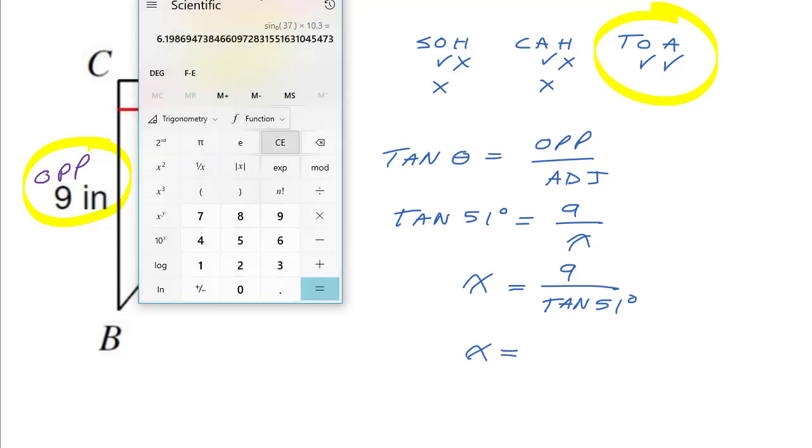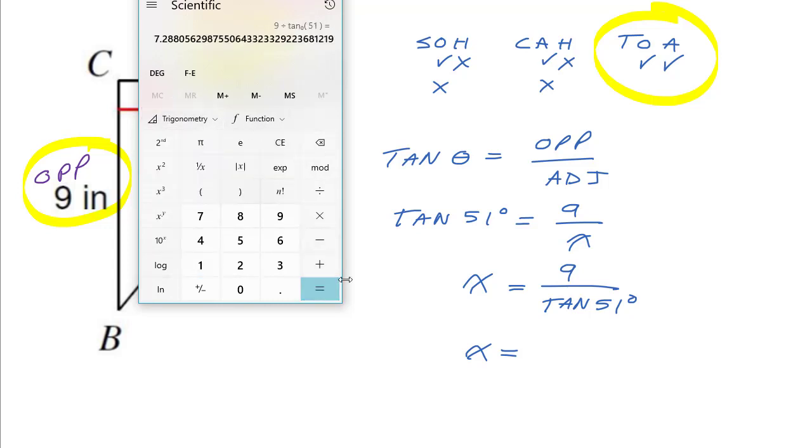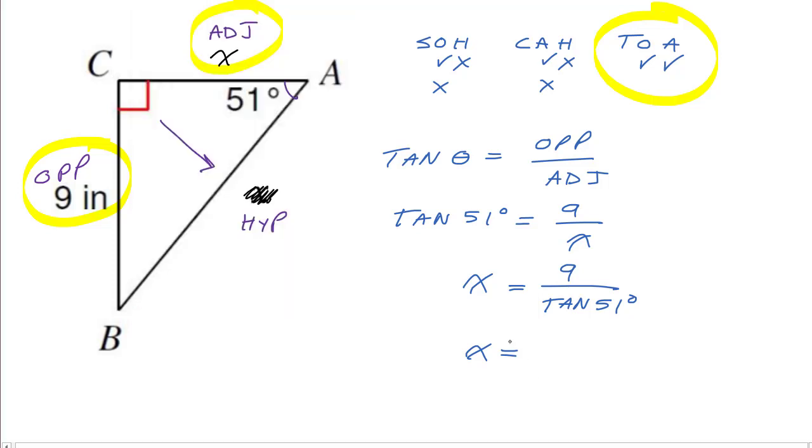So I'll bring up my calculator here. Let's clear it out. All right, so I'm going to go 9 divided by, now this is where it gets funky on my calculator. I have to hit 51 first and do tan first, and then hit equals. Whereas you will do tan of 51. And it looks like we got about 7.3, 7.288, so we're going to say that's 7.3 approximately units, and that's the length of that side.